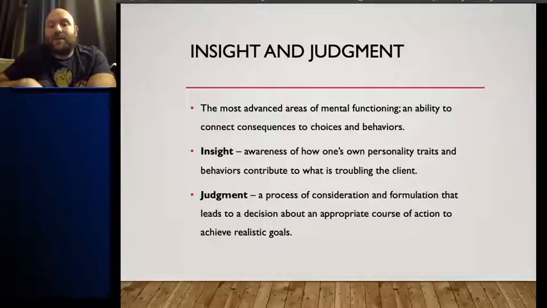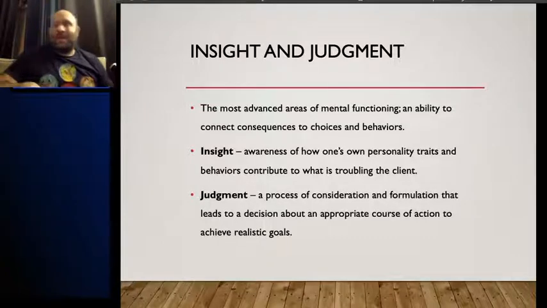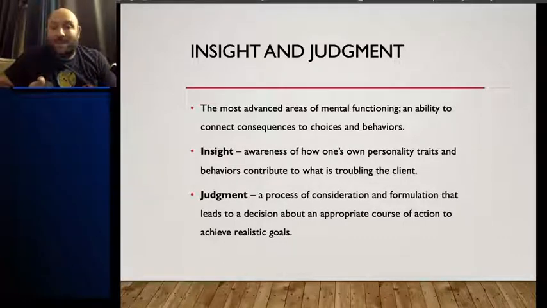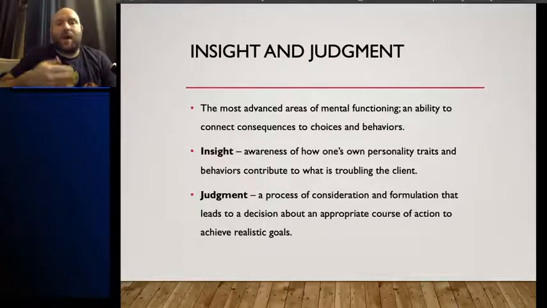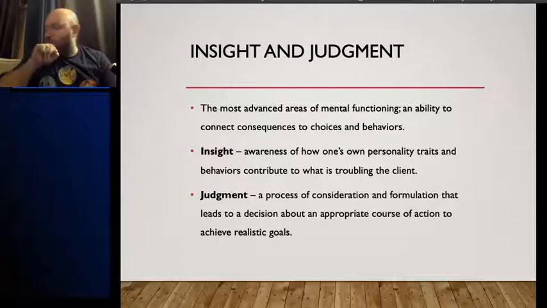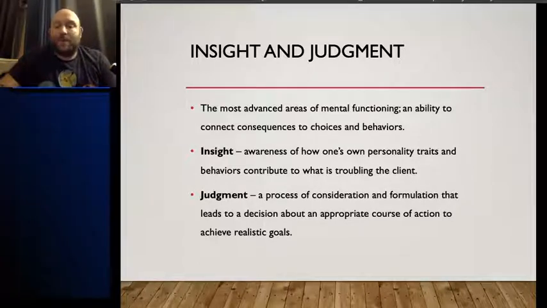Can they make appropriate decisions, right? So again, everybody makes mistakes. If you make the mistake once, we would expect you not to make it again. If you made it a second time, we would certainly not expect you to make it a third time, right? So are they looking at, was this a good idea or not a good idea? And, of course, that can also be influenced by substances and things like that.